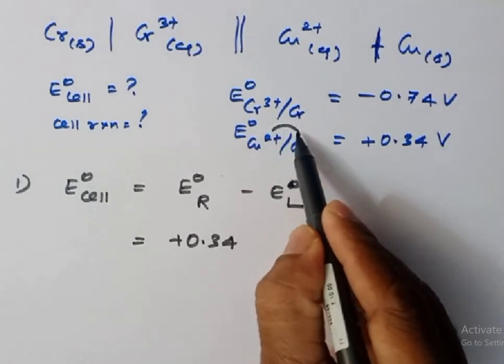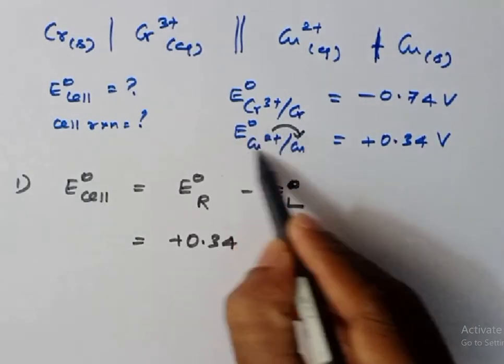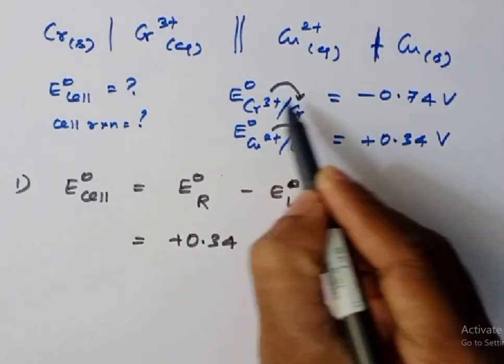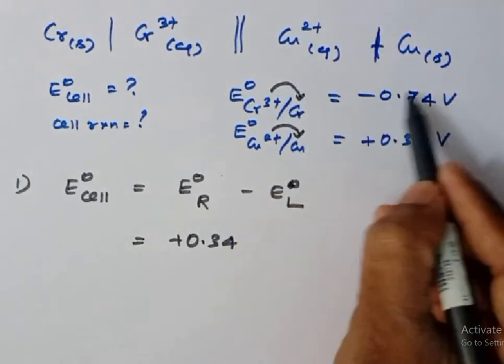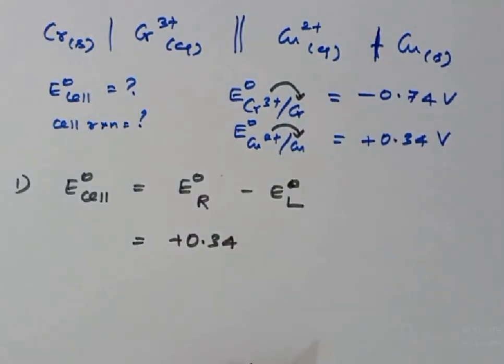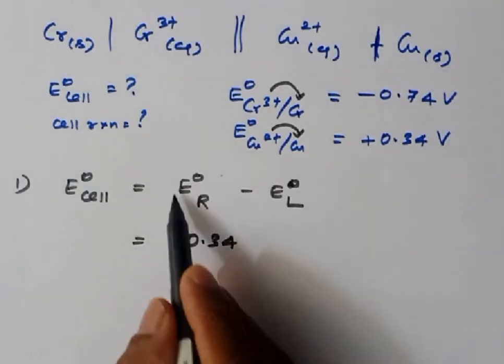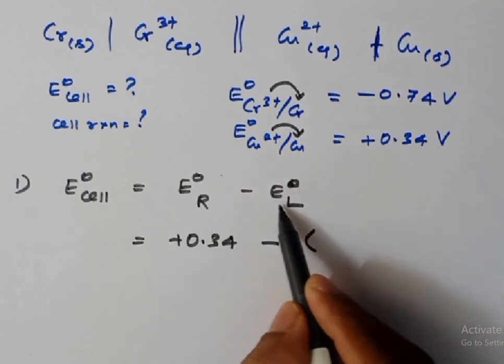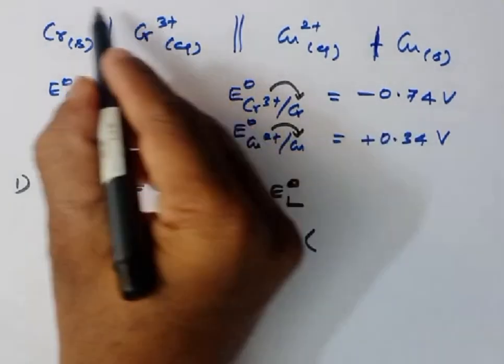Cu2 plus becoming Cu is reduction, therefore this potential is reduction potential. Chromium 3 plus becoming chromium is reduction, therefore this potential is also a reduction potential. Remember, both are reduction potentials, they always provide reduction potentials. So standard reduction potential of the right hand side electrode minus standard reduction potential of the left hand side electrode. On the left hand side we have chromium, right?